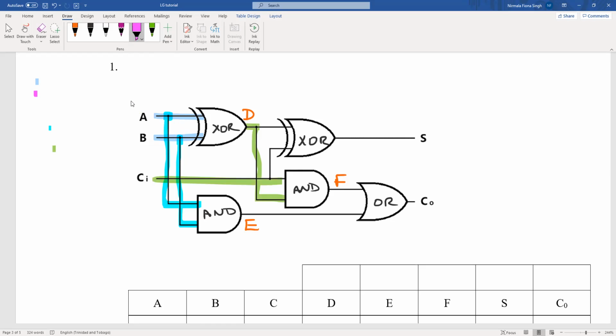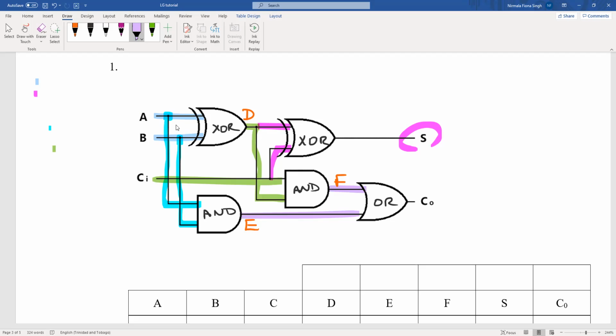Now if you look here, I am going to take D and C and pass them through the XOR gate to give me S. So that's your S here. And lastly, following the gates through, F plus E through an OR gate gives us your carry output, your CO output.